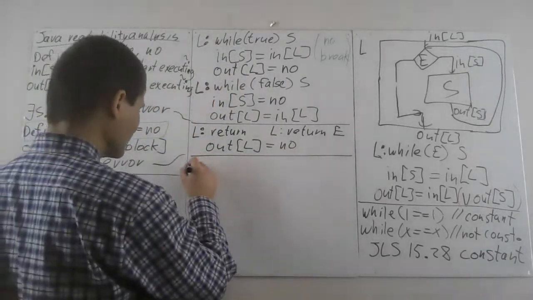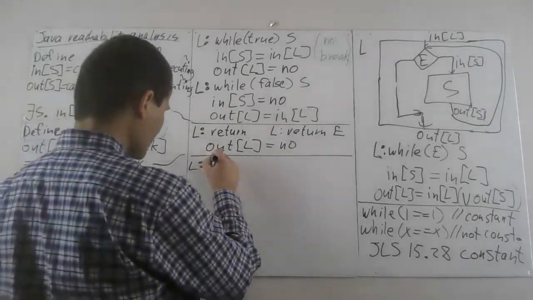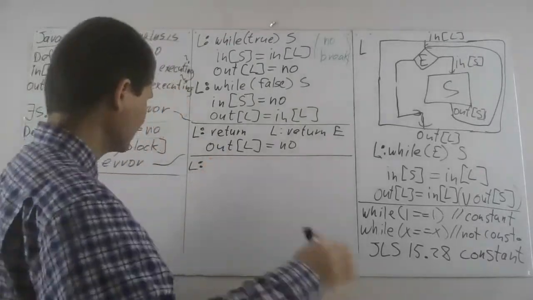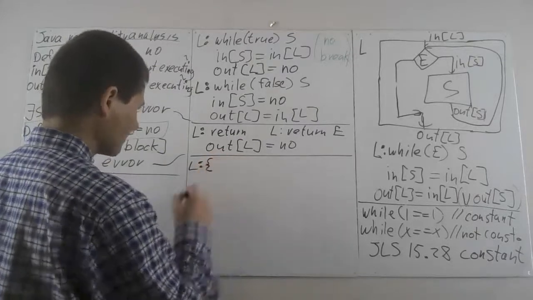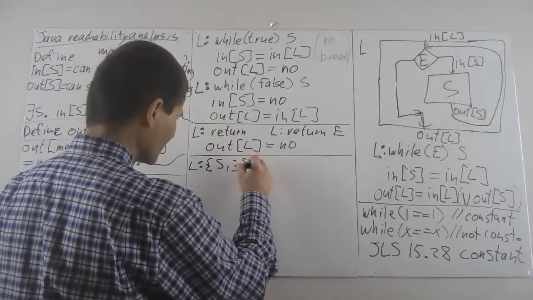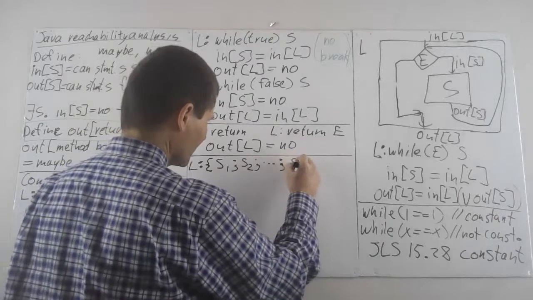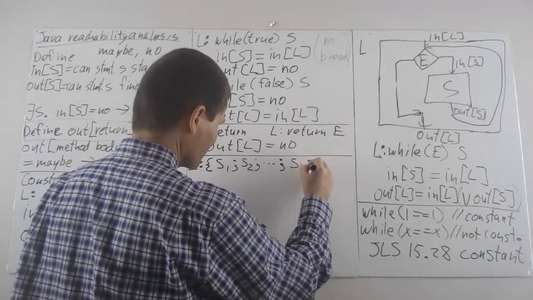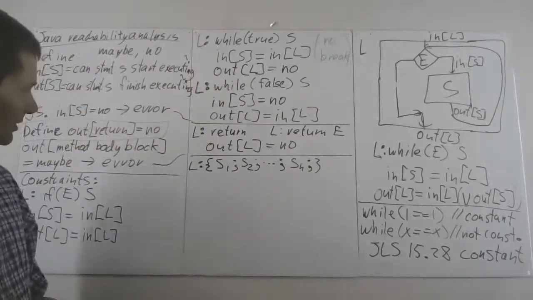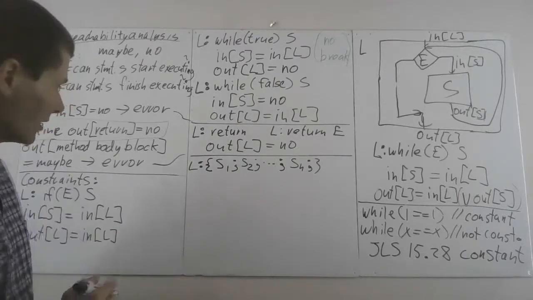I guess the other kind of important statement is a block statement. So a statement can be a sequence of statements. I'll put a semicolon here too. All right. So what are the equations for these? They should be fairly obvious.